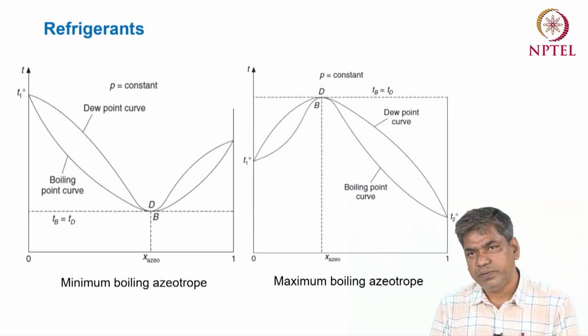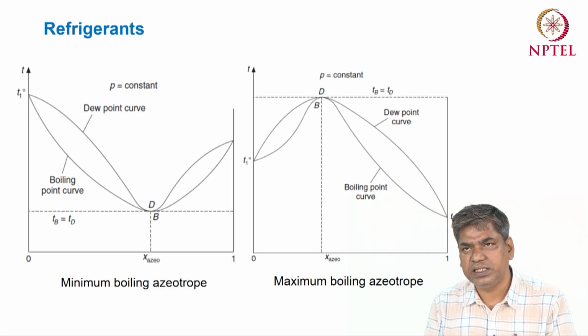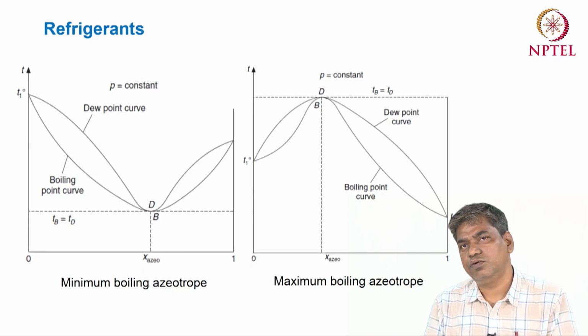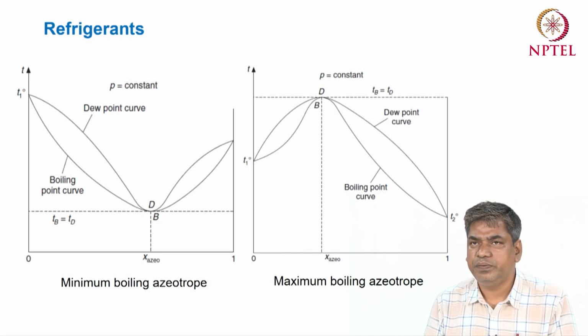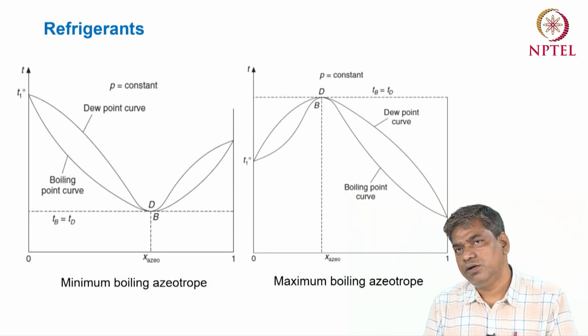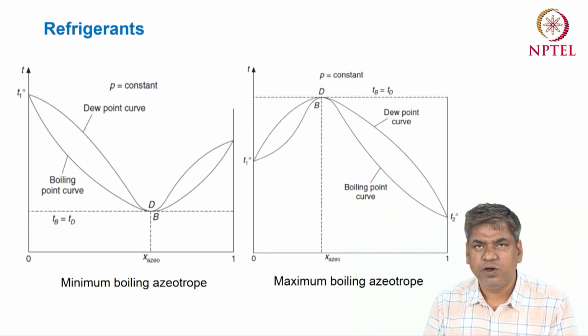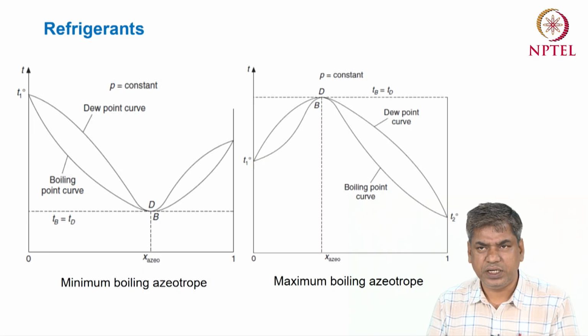Okay, so that means in the case of an azeotropic refrigerant mixture, the boiling point temperature can be higher than both individual refrigerants, or lower than both, or maybe in between the two boiling points, whatever it may be.